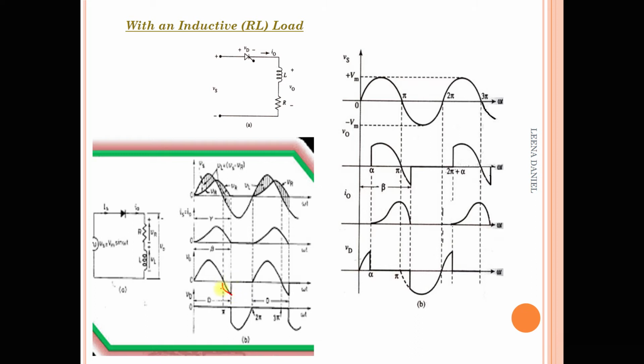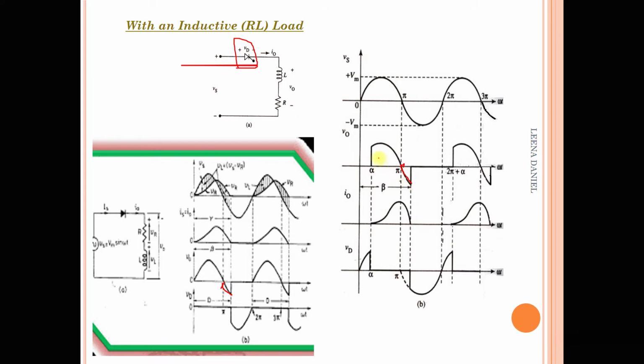Why is it negative? In the thyristor case also, the voltage waveform would not be 0 at omega t equal to pi, it would go negative also.